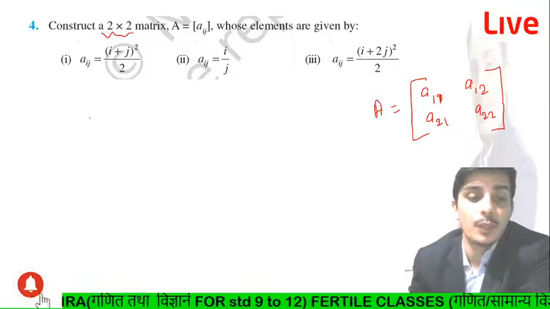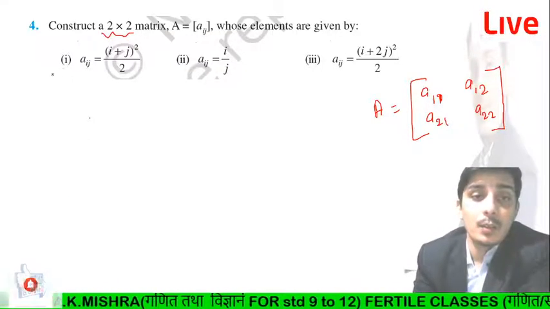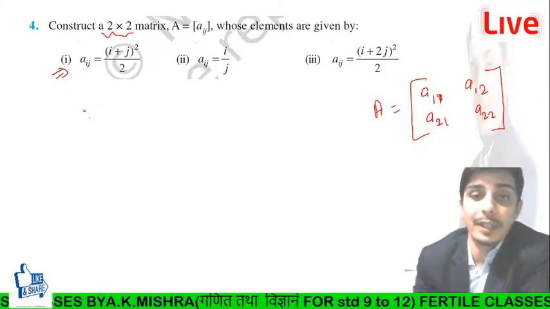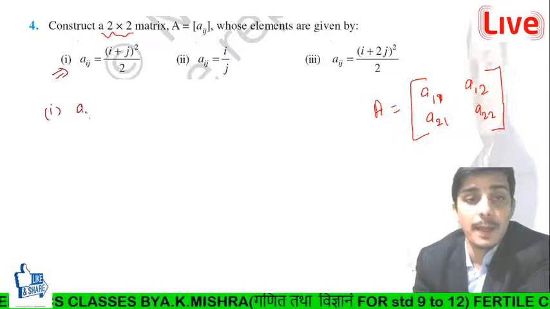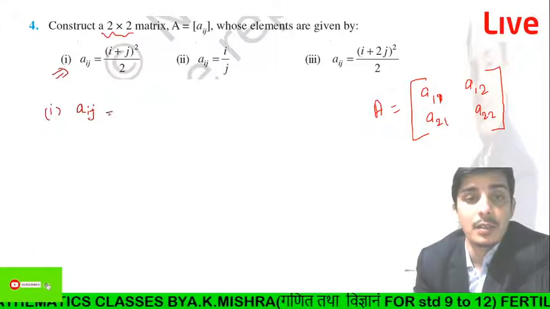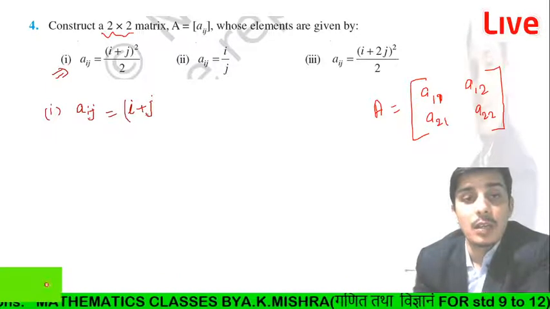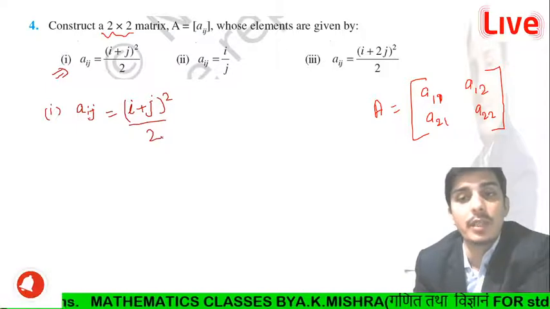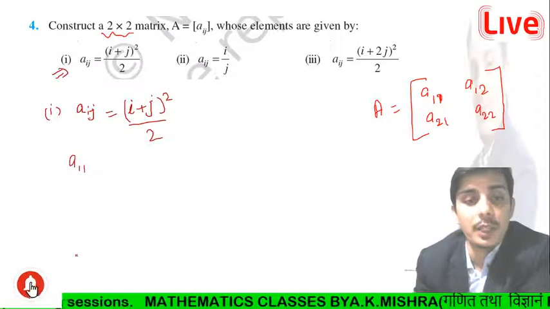Okay, now from using all this formula we have to find out all the elements, right? So first is given Aij equal to (i plus j) whole square by 2. This is very simple, guys. First of all we have to find out A11.